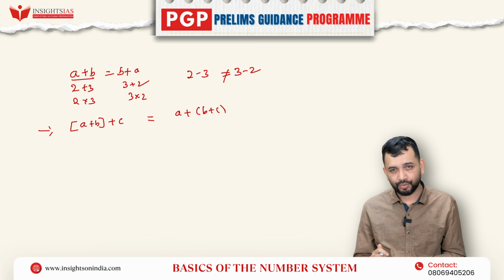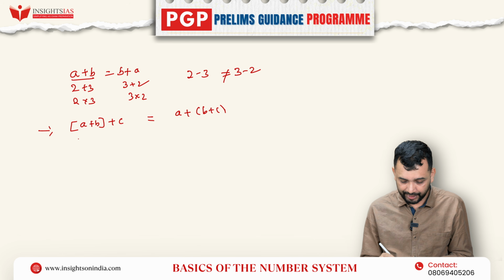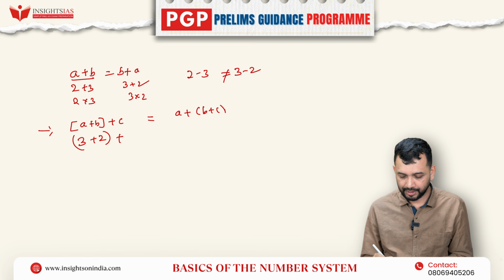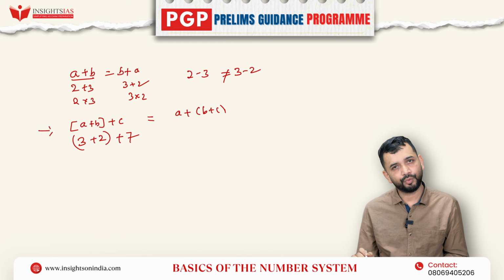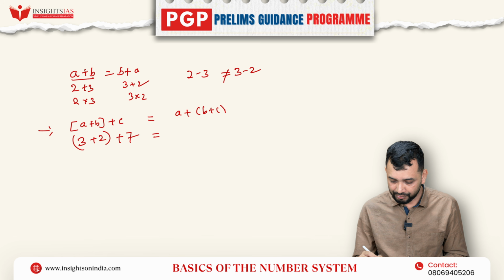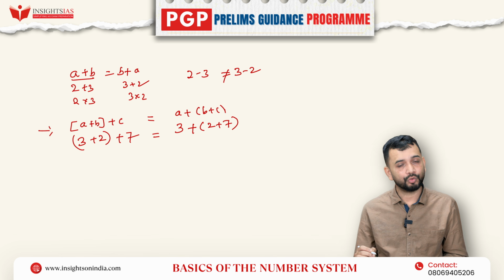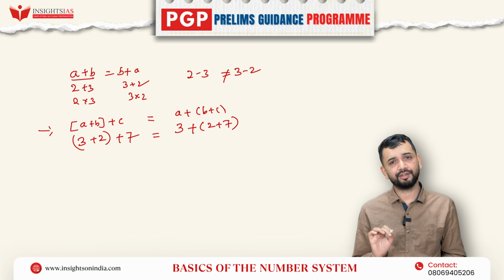What is the meaning of it? For example, if I have 3 plus 2 plus 7, here 3 plus 2 is 5, 5 plus 7 is 12, which is also equal to, if I write the same 3 plus 2 plus 7, 2 plus 7 is 9, 9 plus 3 is 12.